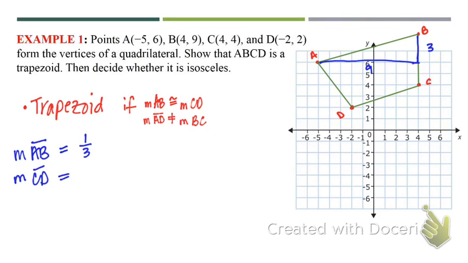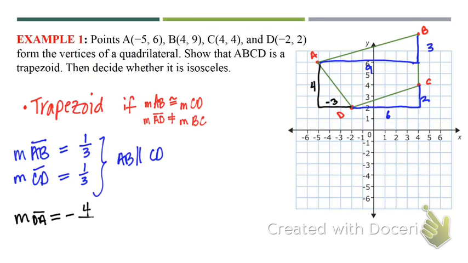We're going to find the slope of AB, which is 3/9, which is 1/3. And then 2/6, which is also 1/3. So we know that they are parallel. So right now we know it's a trapezoid. To figure out if it's isosceles, we need to find the length of AD.